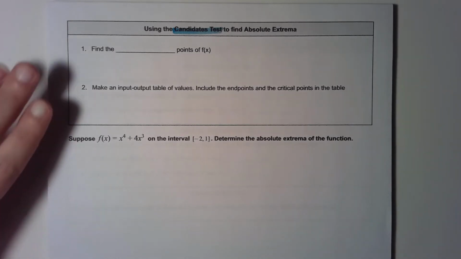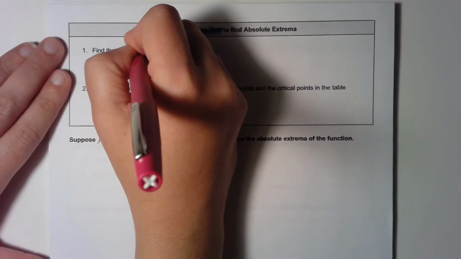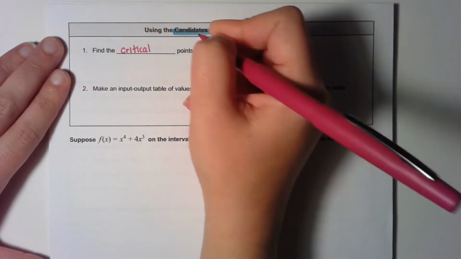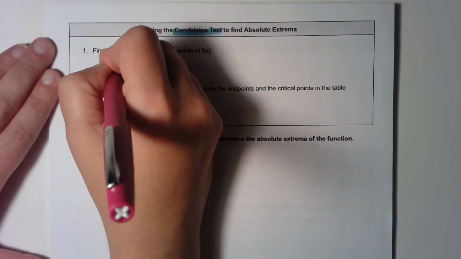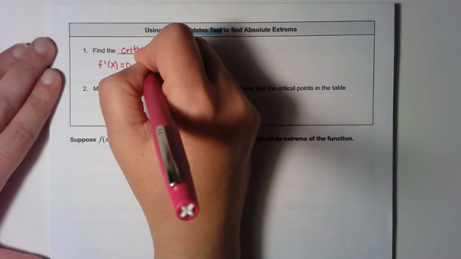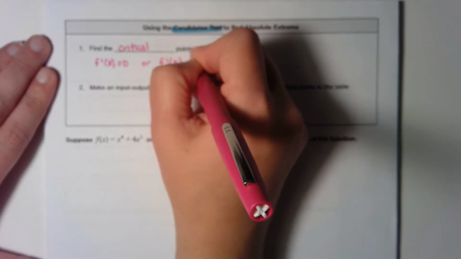First, we're going to start by finding the critical points of f of x. Just as a reminder, that's going to be places where the first derivative is equal to 0 or the first derivative does not exist. Then we're going to make what's called an input-output table of values.